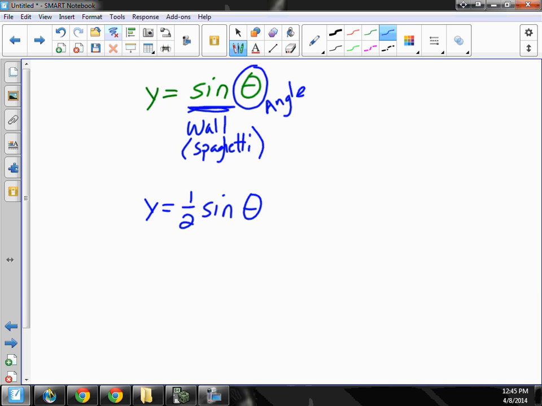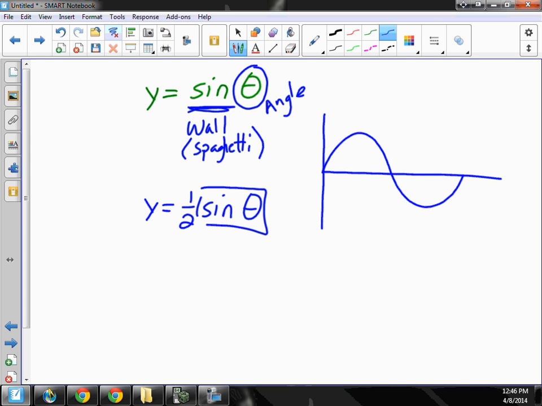Well, this says half of the spaghetti pieces, the wall lengths. So if I were to graph the regular sine, and I put my critical values, I don't care if you write them there, and then it goes from 1 to -1, what is 1/2 sine of theta going to look like? It's going to be half as tall, because we're cutting all of the spaghetti pieces in half.